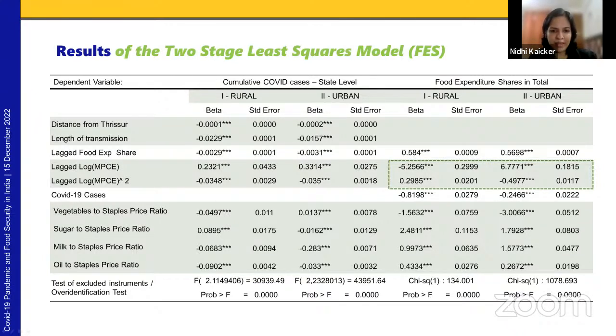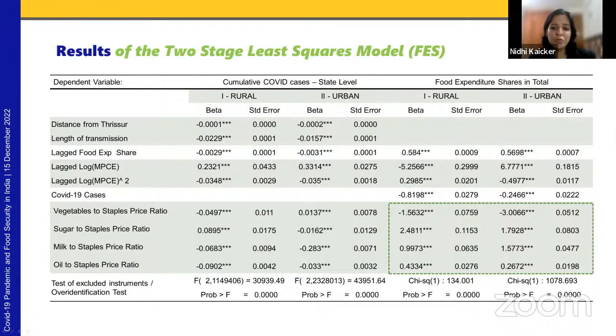If we look at urban areas, the coefficient of MPCE is positive and that of the square is negative, which corroborates an inverted U-shaped concave Engel curve. So in urban areas, the household food expenditure shares increase as the total expenditure increases, but at a very low threshold level. So largely, again, the Engel curve is downward sloping and decreasing at an increasing rate.